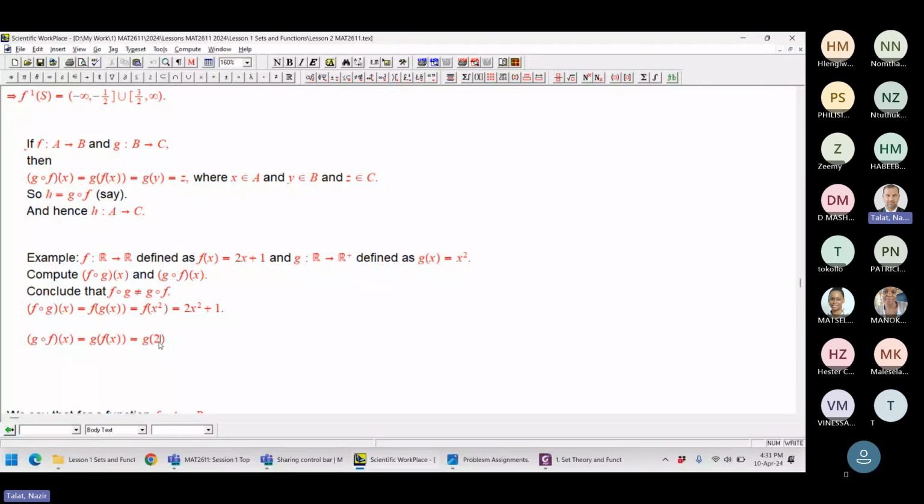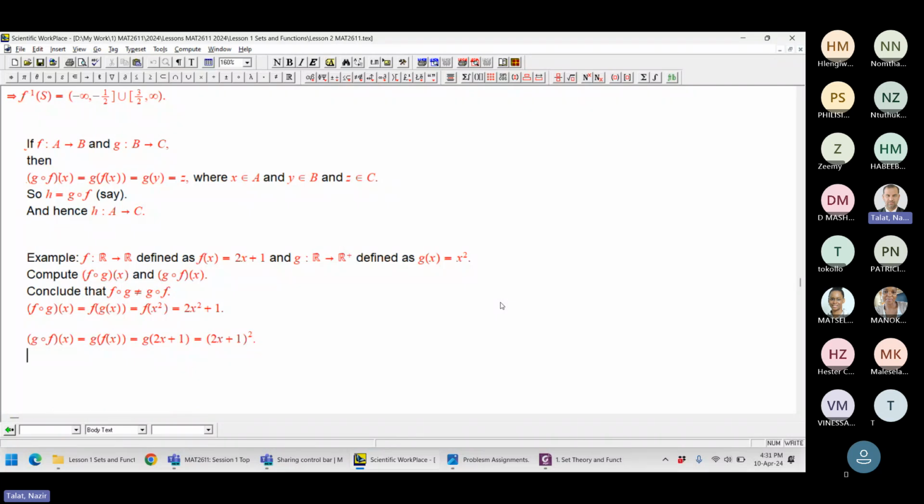So this is g of 2x plus 1, and when we apply g on 2x plus 1, remember that g of x equals x square. So it becomes 2x plus 1 whole square.